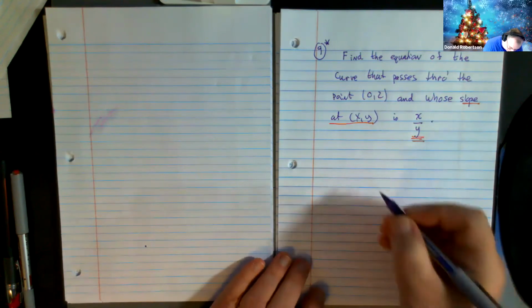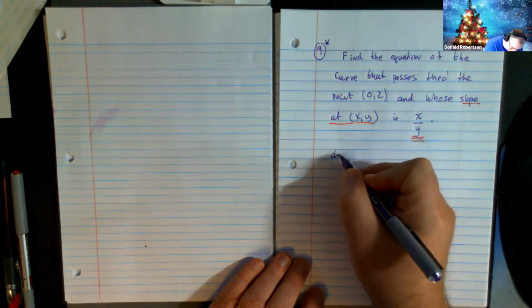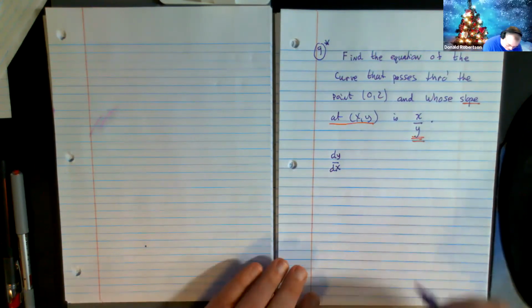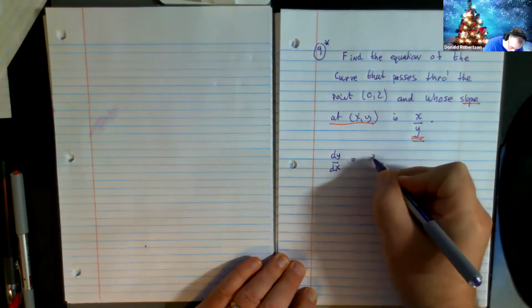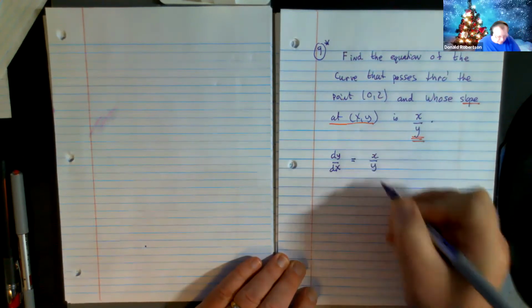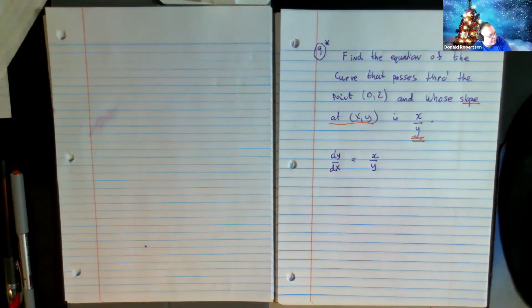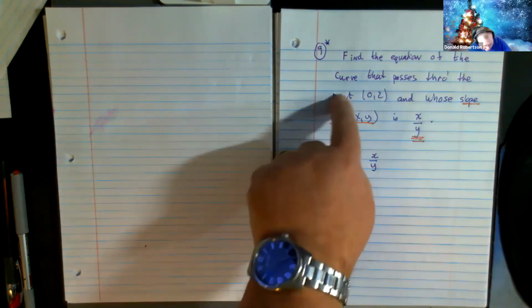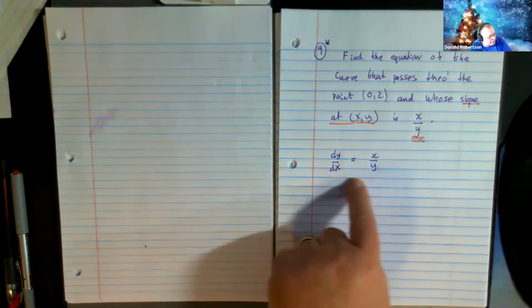Isn't the slope to a curve the derivative? And in this case, it's a simple x over y. Are you comfortable about how I interpreted this last piece and created my differential equation?